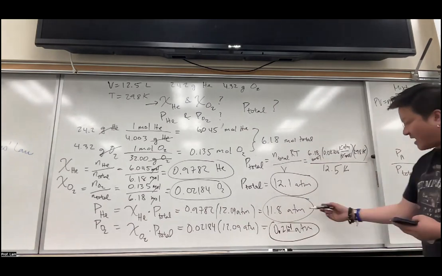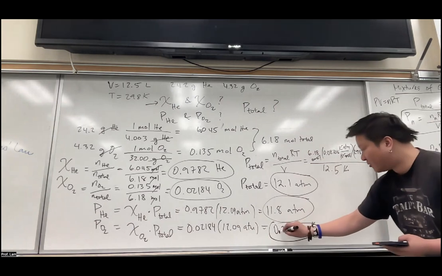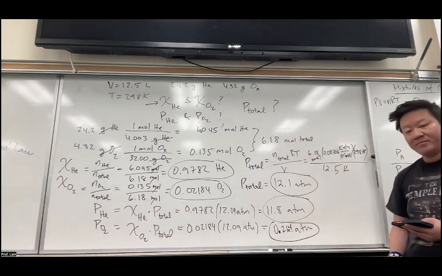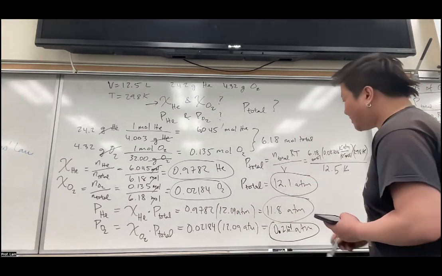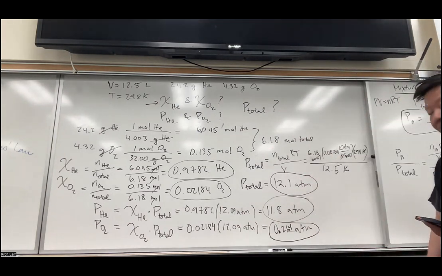Okay, so if I add these two numbers, you can see it should become 12.1. Okay. So we got all the 5 things that we were asked for. Makes sense, right? Okay.